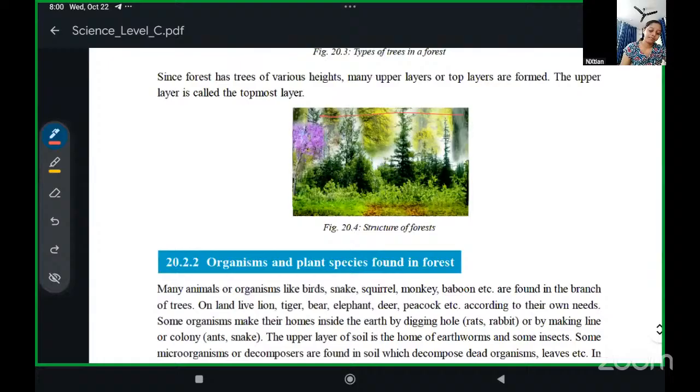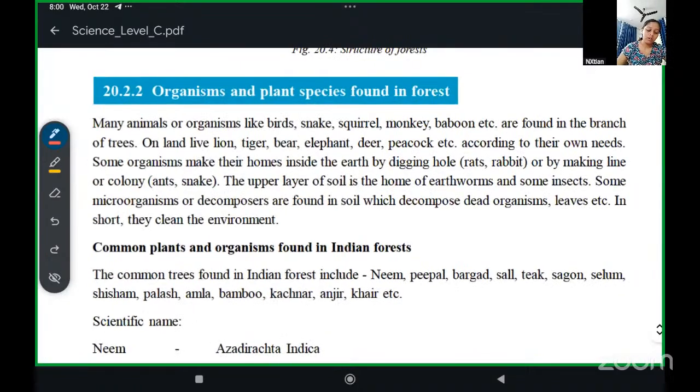Now, organisms and plant species found in forests. Many animals or organisms like birds, snakes, squirrels, monkeys, baboons, etc., are found on the branches of trees. On land live lion, tiger, bear, elephant, deer, peacock, etc., according to their own needs.